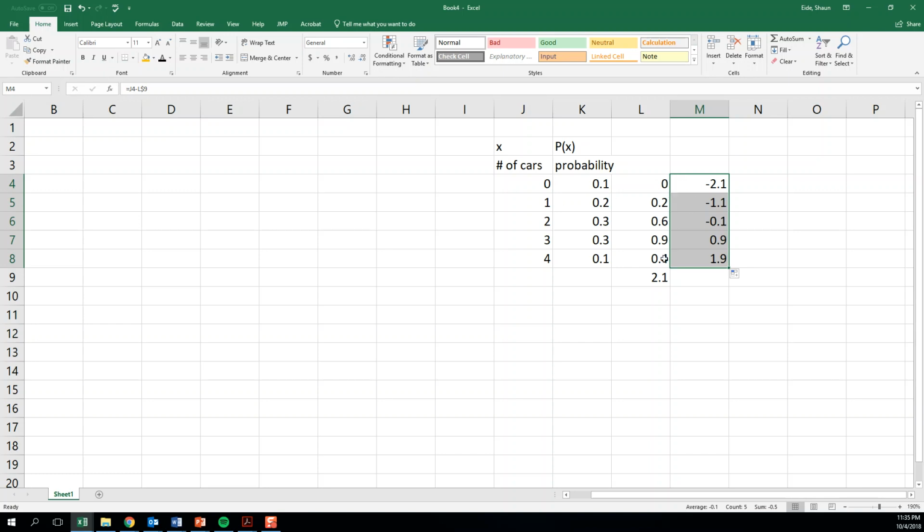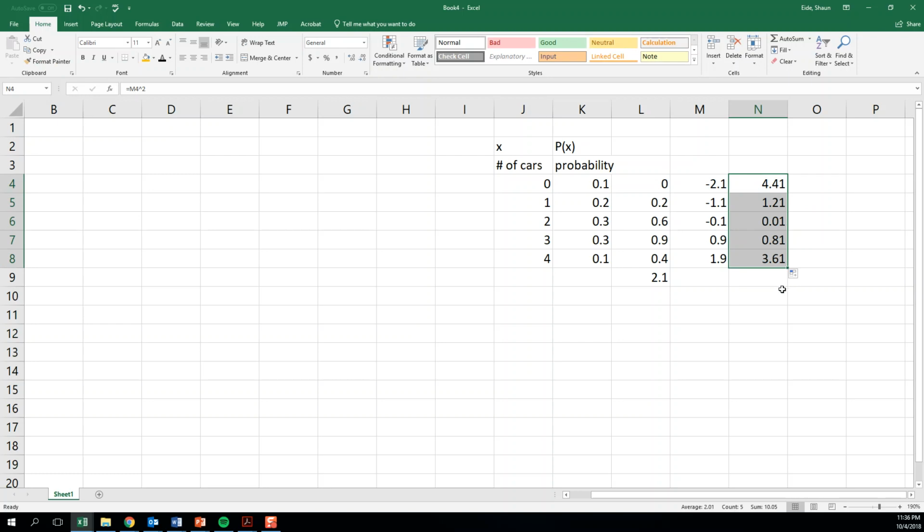So x minus 2.1, or 0 minus 2.1, is negative 2.1. 1 minus 2.1 is negative 1.1, and so on. So that's x minus the mean, and then in order to be able to add these together and do anything with them, you need to square this column right here. So equals that squared. So that gives you 4.41, and drag it down.